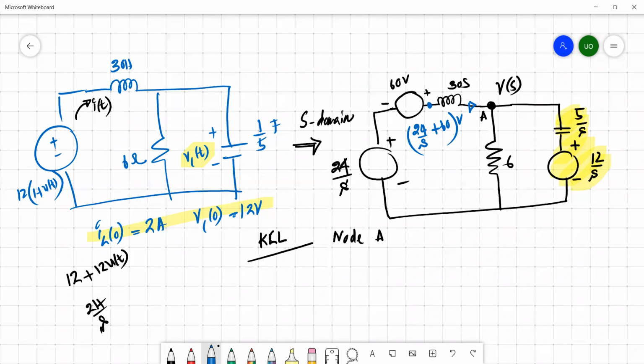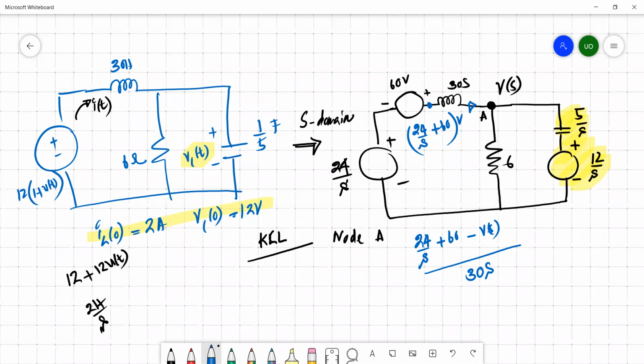this is like 24 over S plus 60 minus Vs divided by the impedance 30S. This is the voltage difference across this inductor, the impedance of 30S.